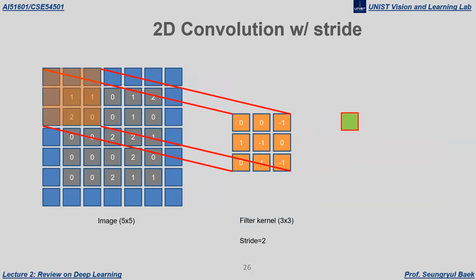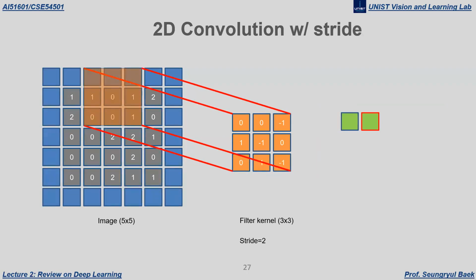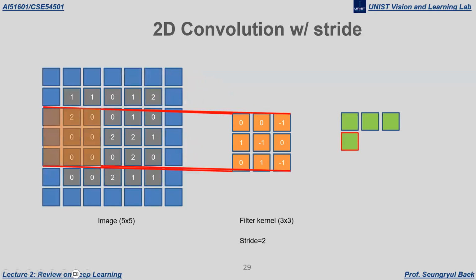And the other hyperparameter is the stride, okay? The default parameter for the stride is 1. This stride means you will shift the filter corner by 1 pixel when the stride is 1. But if you set the stride as 2, then you will shift the corner by 2 pixels, right?